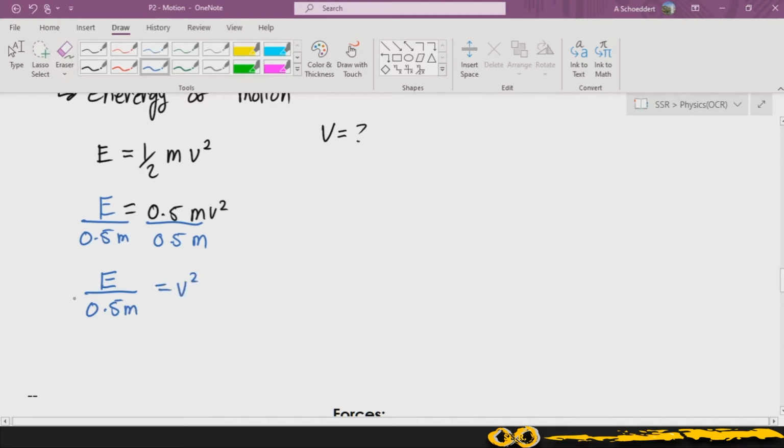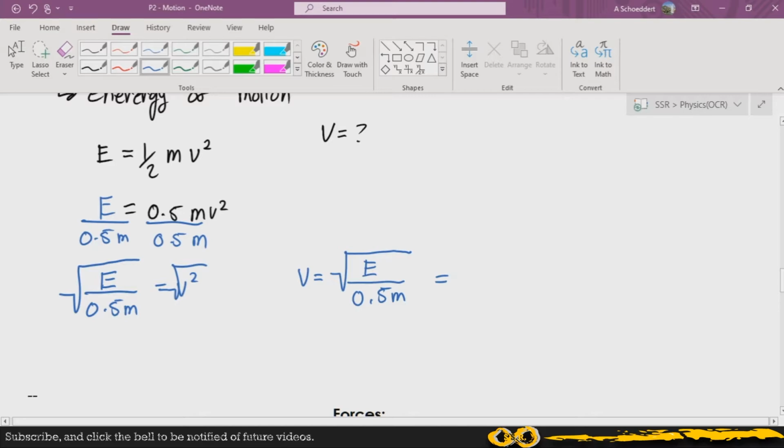We can then take the square root of both sides of the equation to find that the velocity is equal to the square root of the energy divided by 0.5m. If you remember that the 0.5 was actually a 1/2, and you remember our rule from earlier that dividing by a fraction meant that you could flip the fraction on its head and multiply, then you might also want to write this equation as the square root of 2E divided by m. Either of these is going to give you the same answer.